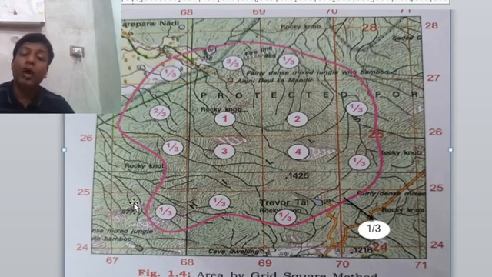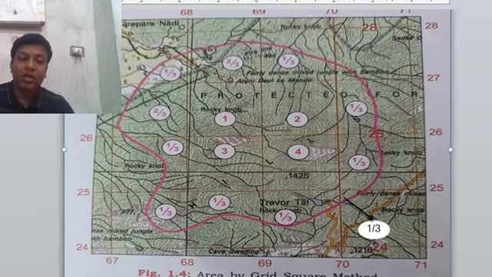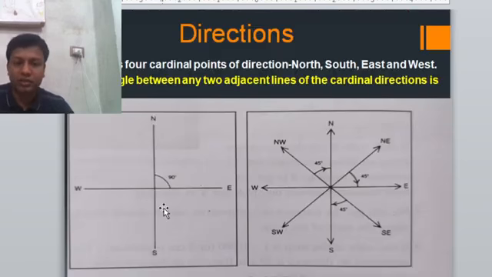So you have to find the exact directions. Today's topic is to find direction on a topographical map. So dear students, now we are going to discuss all about directions.